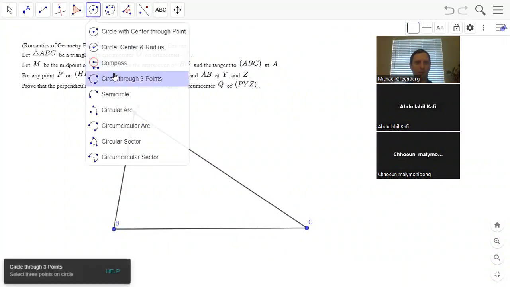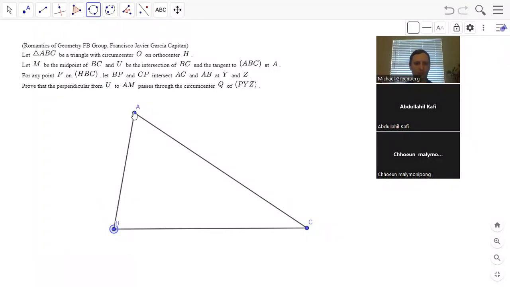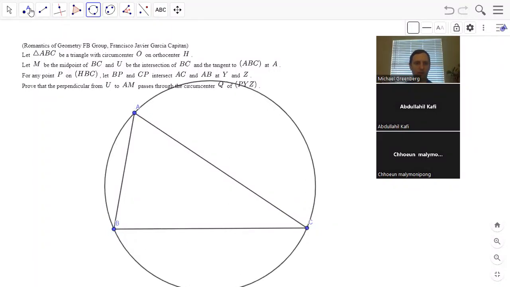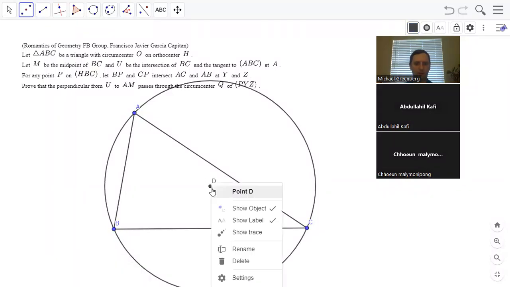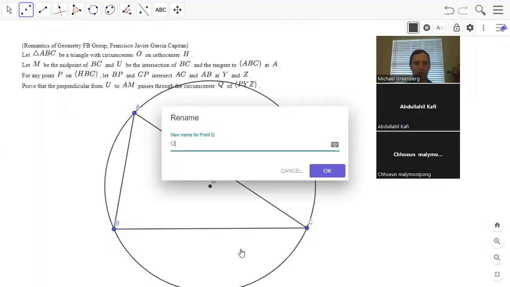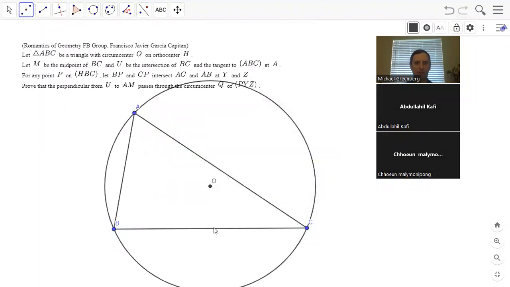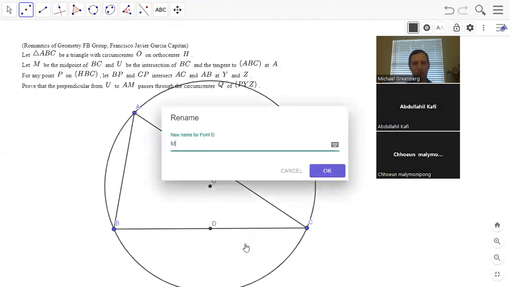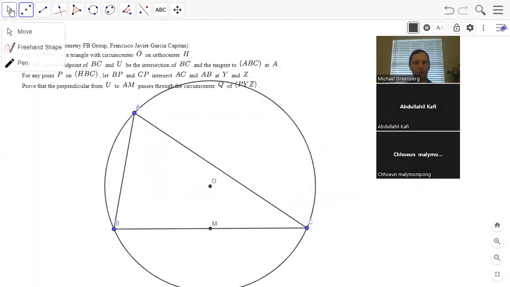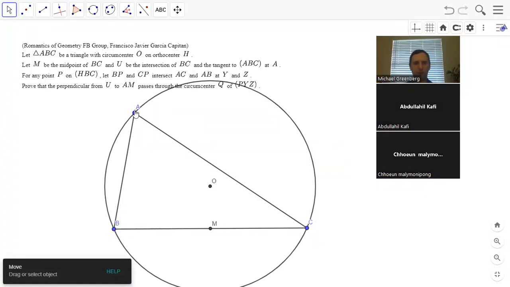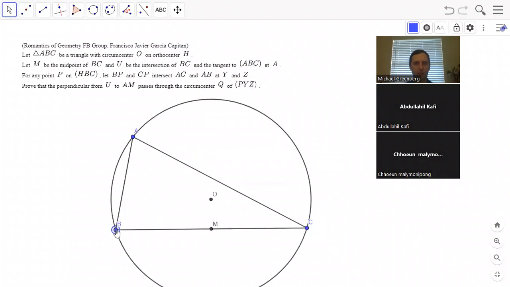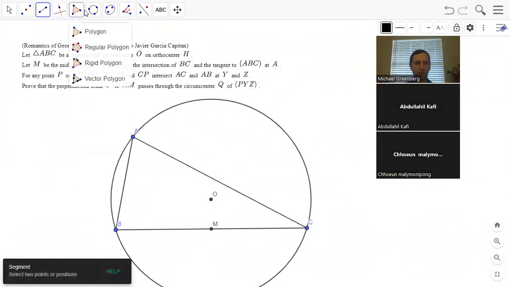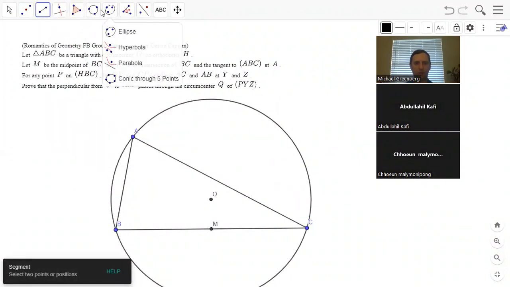All right, so let's draw the circumcircle and the circumcenter O. M is the midpoint of BC. U is the intersection of BC. So we want to draw the tangent at A to the circle.